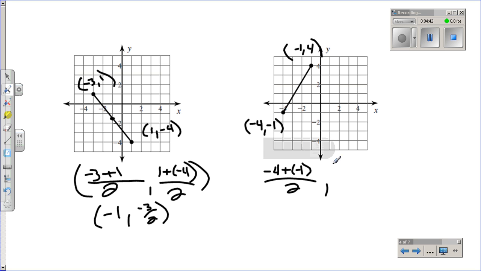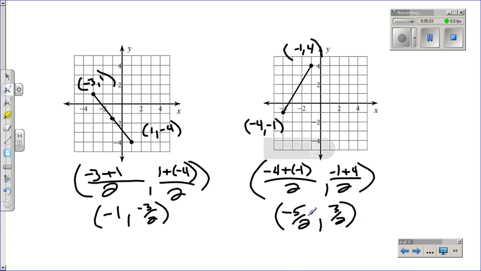Do the y's. -1 plus 4 divided by 2. Alright. -4 plus -1 is -5. That'd be -5 over 2. And negative 1 plus 4 is 3, and that would be 3 over 2. That would be the midpoint.